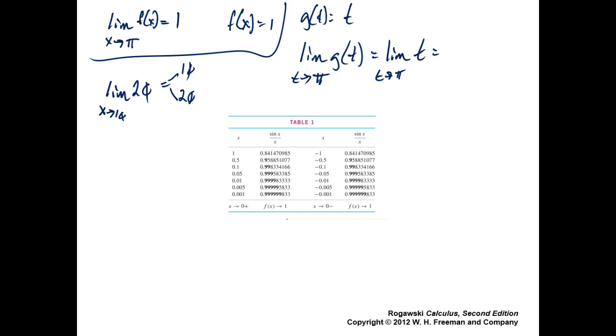Now, if that were, say, x over x, okay? If that was the function you had, well, x over x is 1, so that's a constant function. Well, let's see.